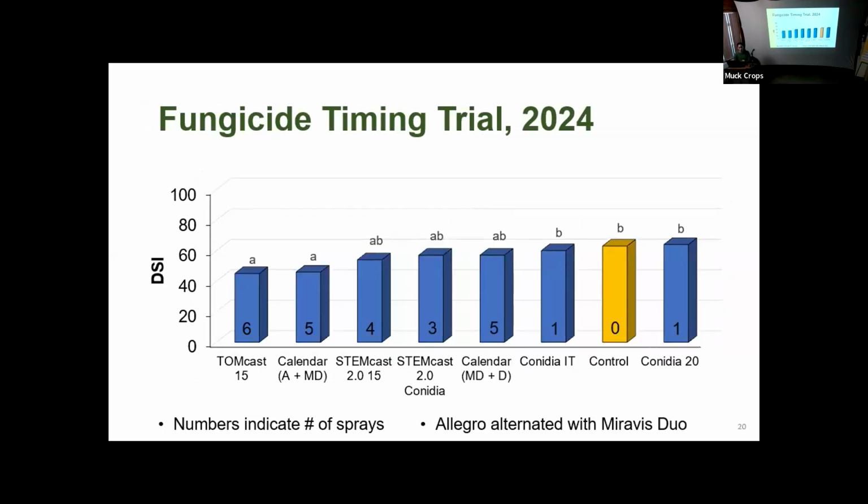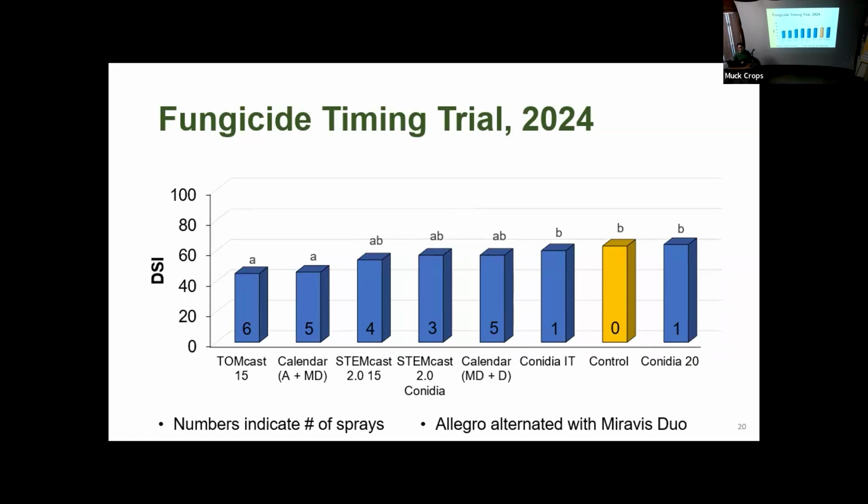So in 2024, we changed the fungicides that we applied in the trial to Allegro alternated with Miravis Duo. So again, we're looking at different thresholds of spores and then also the StemCast models and Tomcast models.